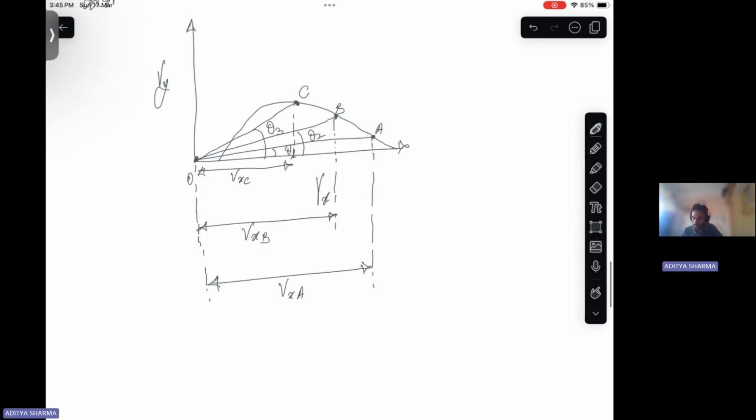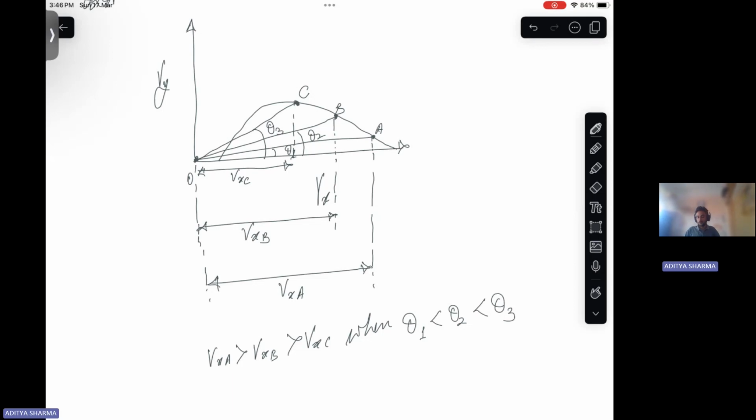So clearly, when theta 1 is less than theta 2 is less than theta 3, for theta 3 we have Vxc, which is the least.